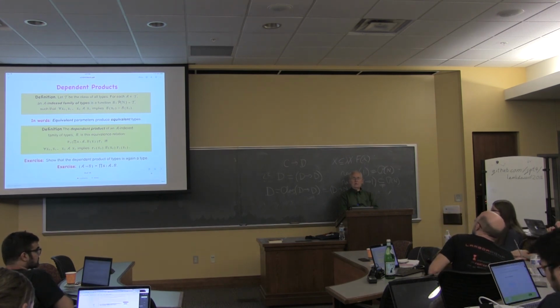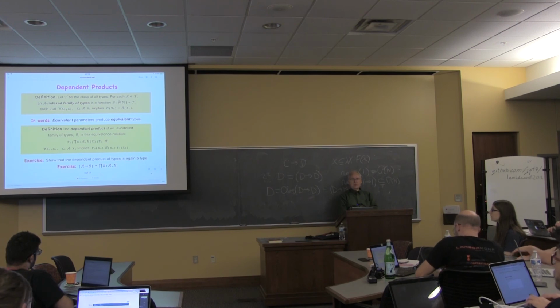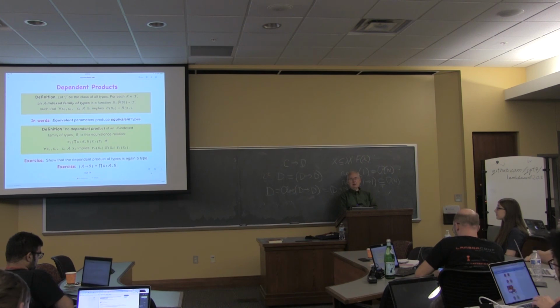We want to think of types that depend on parameters. And so I'm going outside of power set of n. The types that I wanted to think about, the quotients of the subspaces, kept me inside of power set of n. But if I want to think of parameterized families of types, I have to go up to a higher level of mappings, and no longer in our lambda calculus model there.